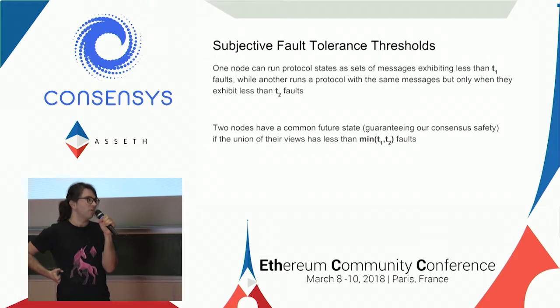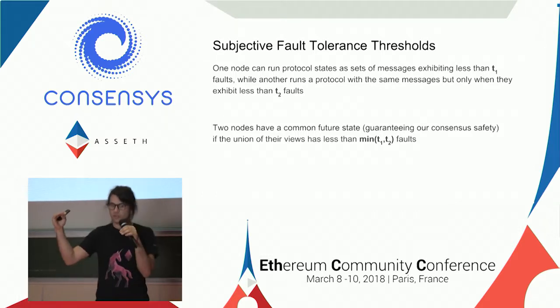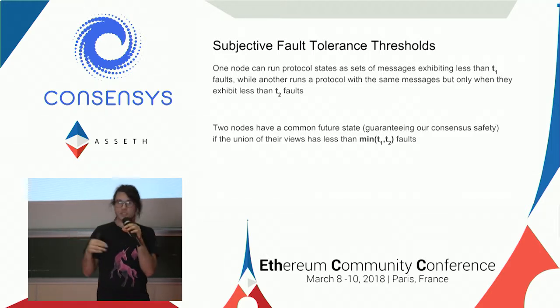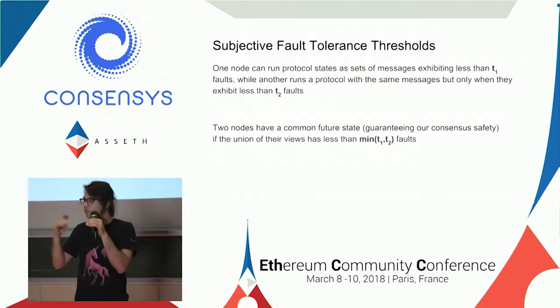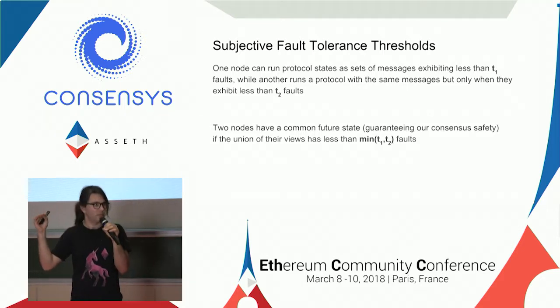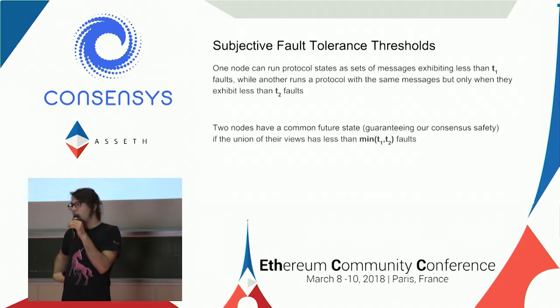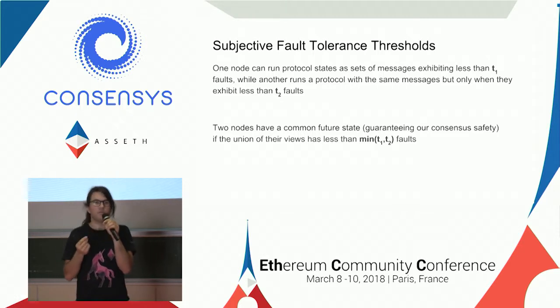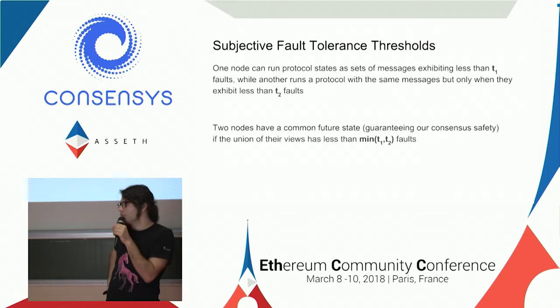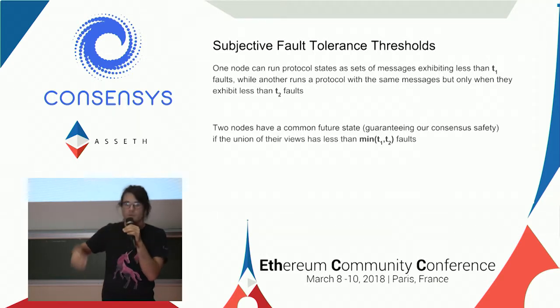I run the protocol at my level of fault tolerance, you run it at yours, and you won't fall out of consensus safety with more Byzantine faults than I will if you're running at a higher fault tolerance threshold. It might take you longer to decide. You might never decide if you're running at a threshold that's too high. However, you will also tolerate many more equivocation faults for anyone else who also has that level of fault tolerance or more.